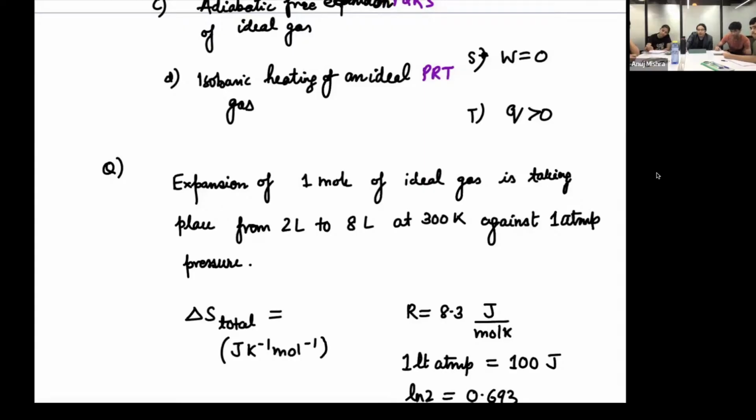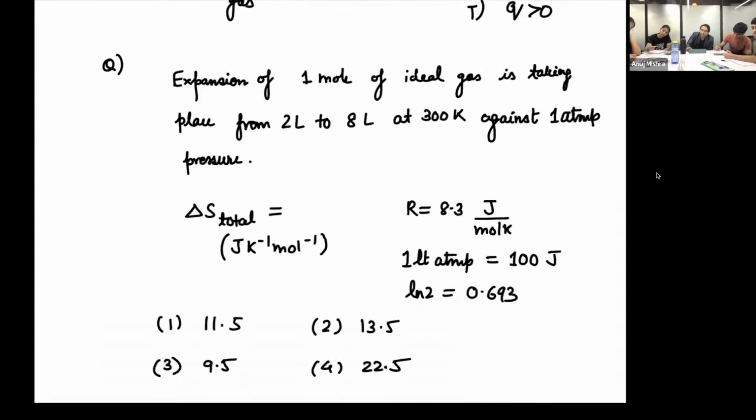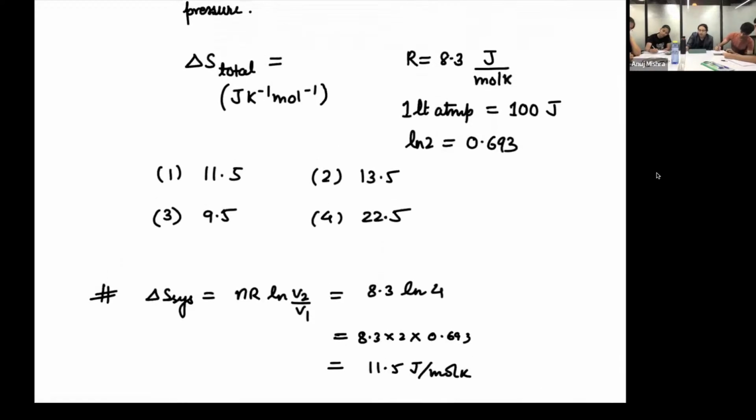See what you have done is you have done one part, for the system, that's fine. 11.5 is the first part. Delta S system is nR ln V2 by V1, 8.3 ln4, solve it, 11.5. Okay, what is delta S surrounding? How are you supposed to find that?